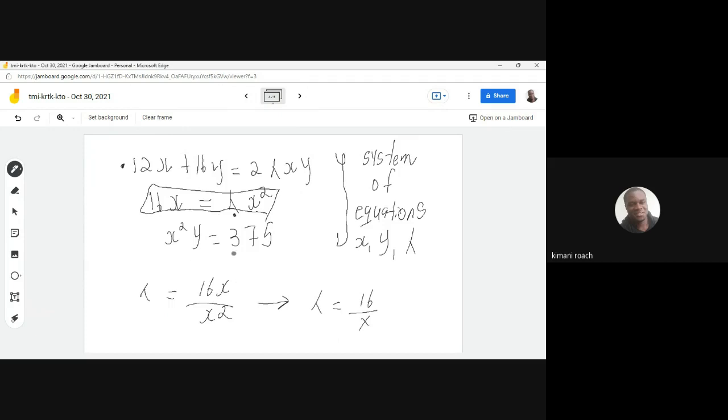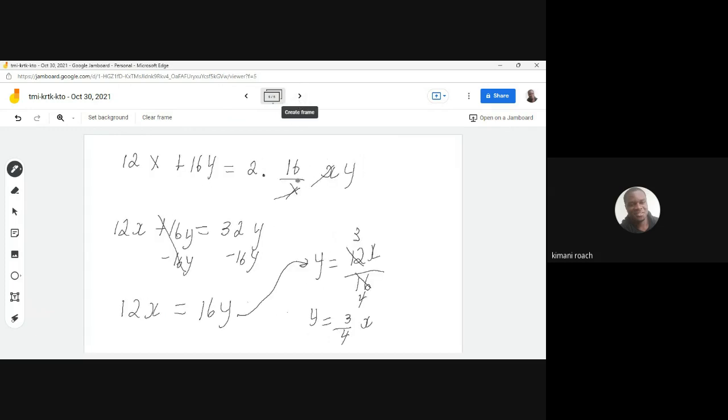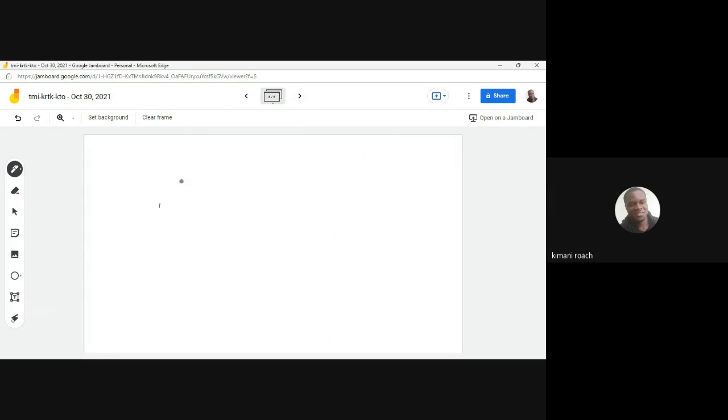Now that we know the value of y, we're going to substitute that into one of our equations, and I'm going to choose my constraint equation because so far it's the only one we haven't used as yet. So I'm going to work with my constraint equation, which states that x squared y is equal to 375.